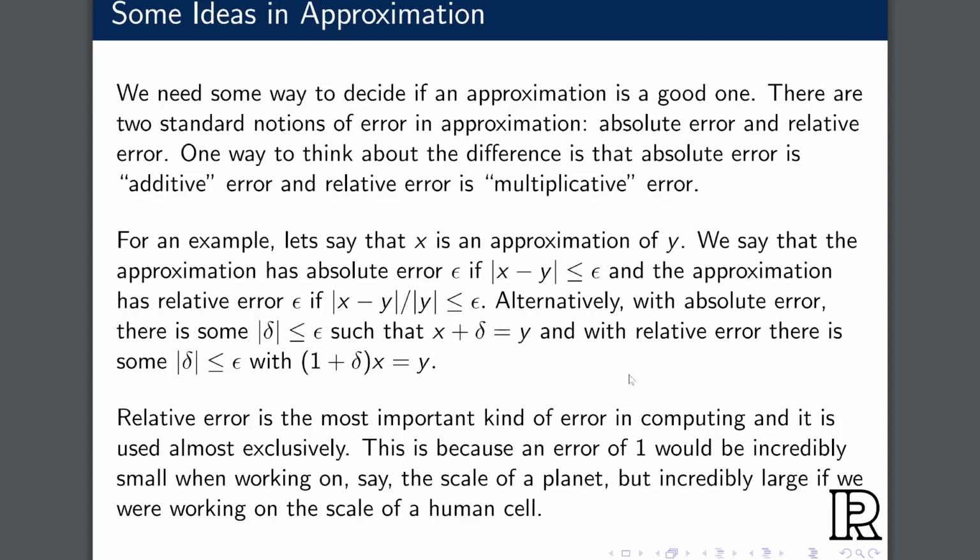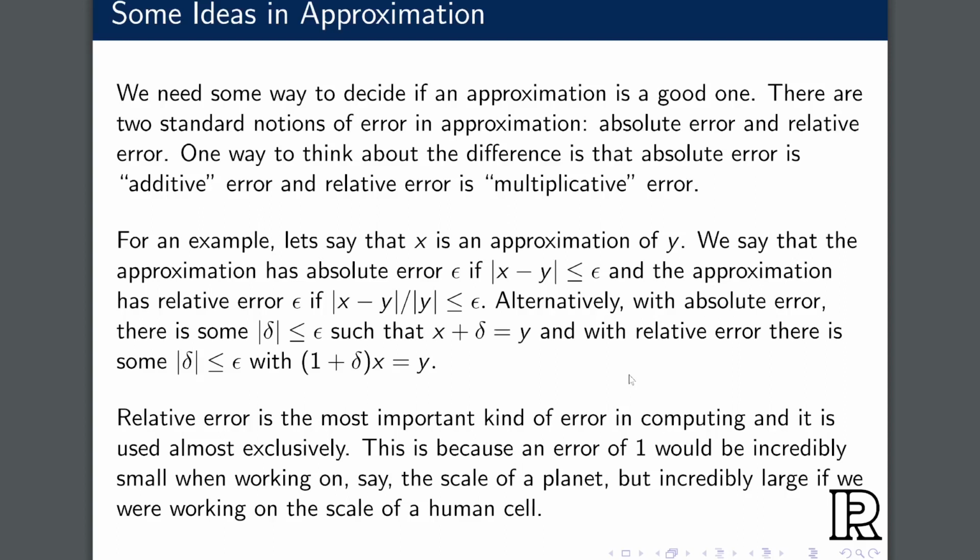Usually the computation that you would do to get epsilon, you do in floating point, so you only have an approximate epsilon. Your error approximation has approximation error, which is why we use bounds instead of trying to get exact numbers. And it has relative error if you take that same difference but then divide by y and have that be less than epsilon.